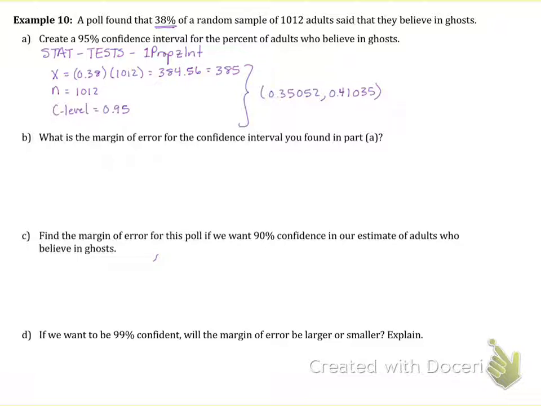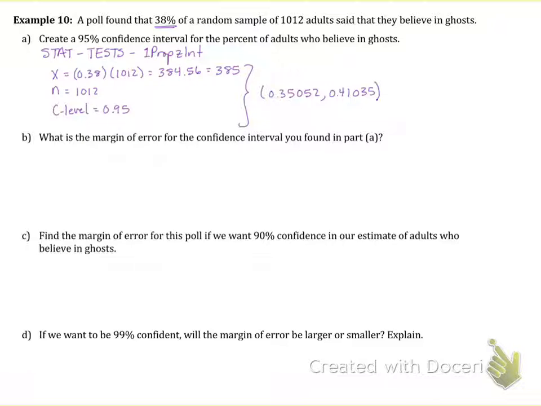So for part B, it says, what is the margin of error for the confidence interval you found in part A? So again, there is a formula for this, but I want to talk about it in a more logical way if you understand the confidence interval.